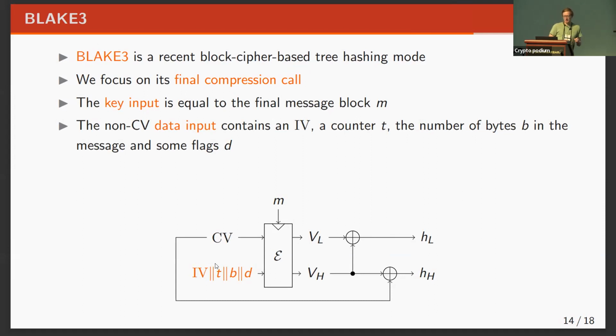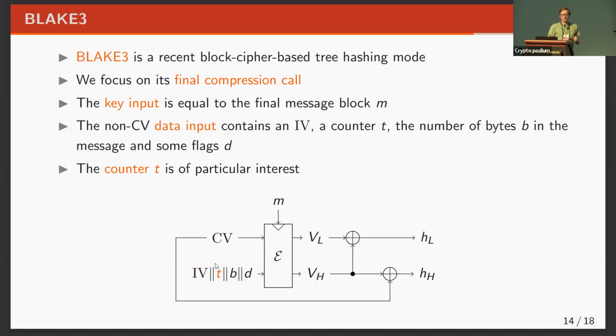It's not all that important, but the counter T is more interesting, which we'll focus on later. And the output is actually split into the lower and the higher bits, and then there's some internal XOR, and then the chaining value is XORed with one of them. So it does not exactly follow the definition we had earlier, but for the proof, that's actually fine. It's because we only use that the chaining value is fed forward.